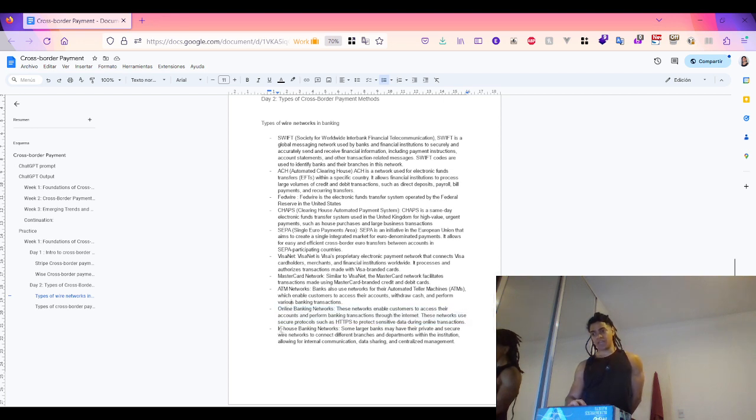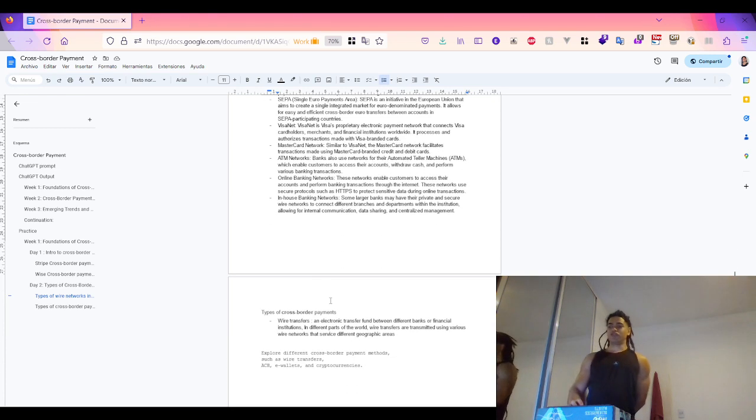And you also have in-house banking networks, which are private. So this is just to mention that one type of cross-border payment is wire transfer, an electronic transfer of funds between different banks or financial institutions.